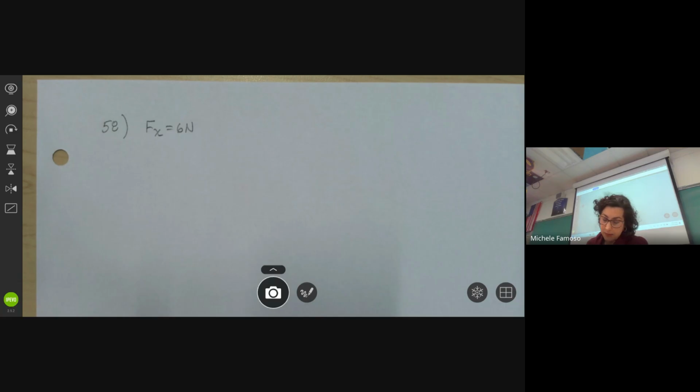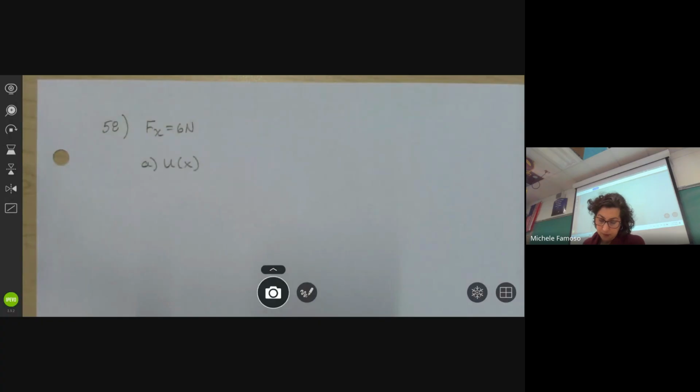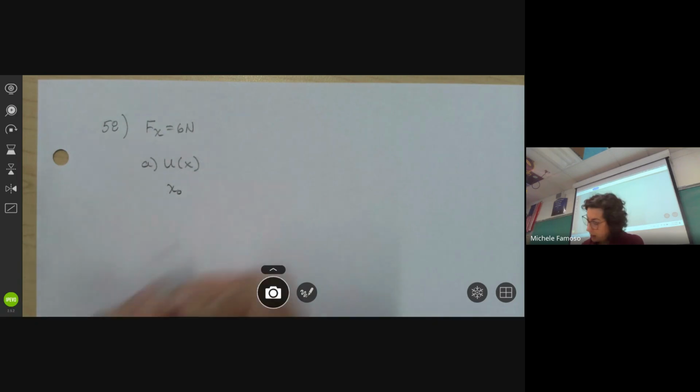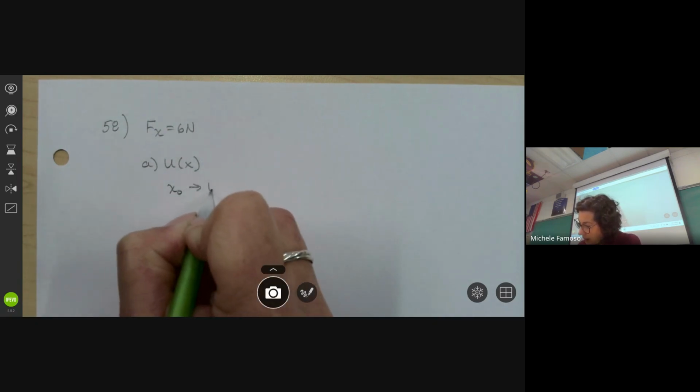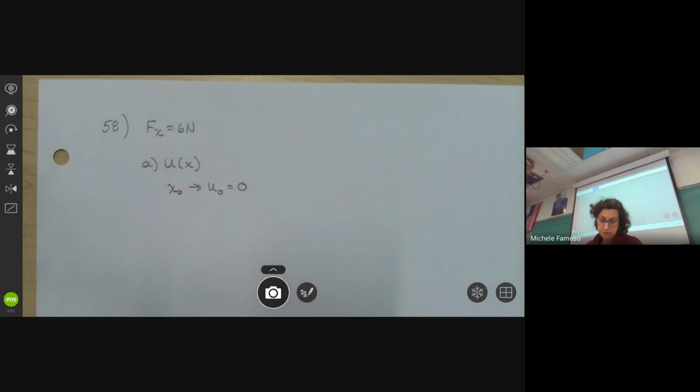And I want you to find the potential energy function in part A for some arbitrary initial position where this initial potential energy is 0.